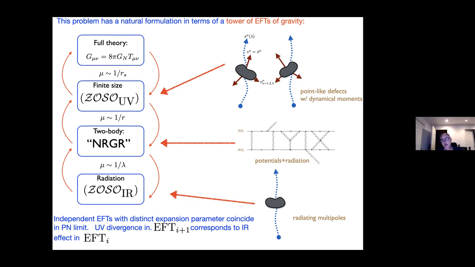Finally, there's another theory at the very end of this, at the very longest wavelengths, which is a theory of radiating multipoles. It's actually the same effective field theory, roughly speaking, as what you get to describe the finite size effects. So with my remaining time, I'm going to say a bit more about what these theories are and what you can calculate with them.